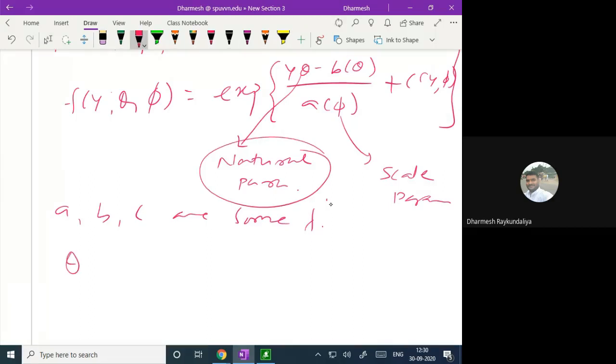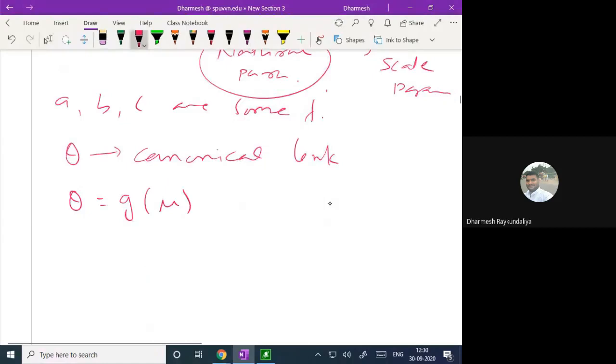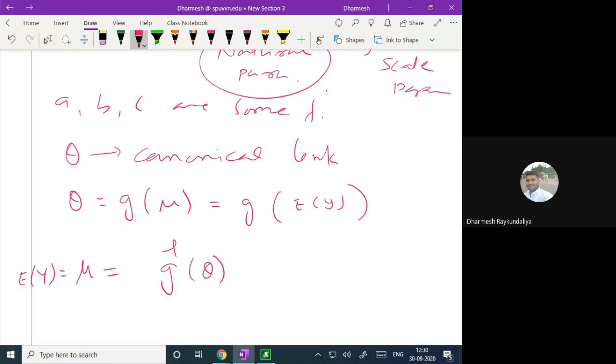So theta is also known as the canonical link, because theta is a function of mu, and mu is nothing but your expected response, the expected value of y. If we are always interested in finding the expected value of y, it is mu, and mu is g inverse of theta.